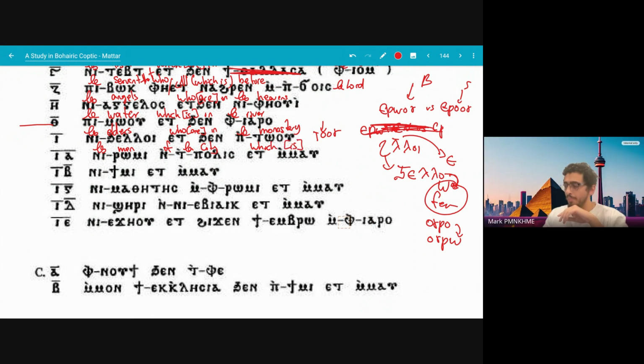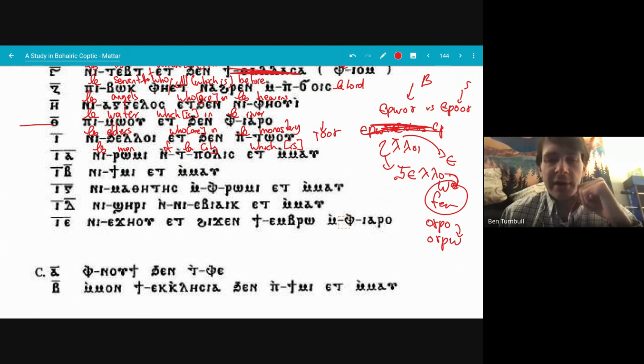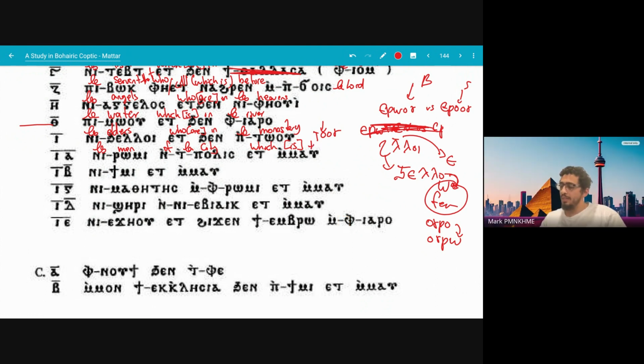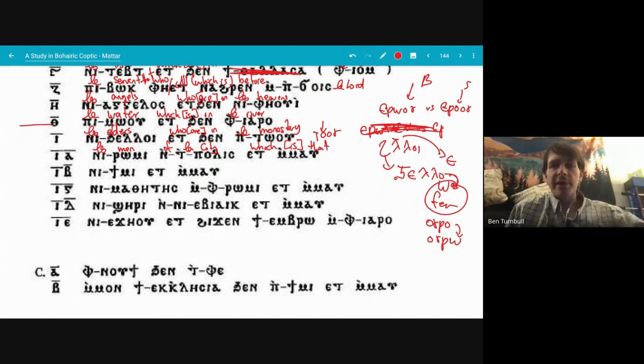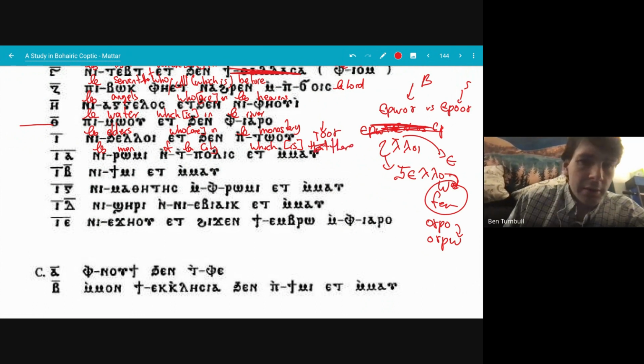No. Emau is a word, it just means there. Oh, right. Okay. There. Yes. Another way to translate this would be the men of that city. Etemau is the preferred way. Actually, we're going to see it next. It's like over there. Yes. Okay. Cool. All right. Do the next.